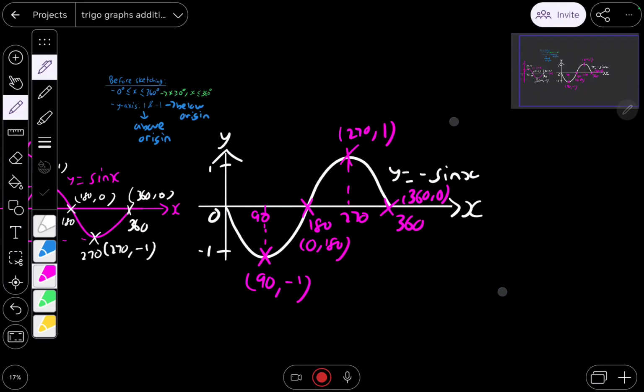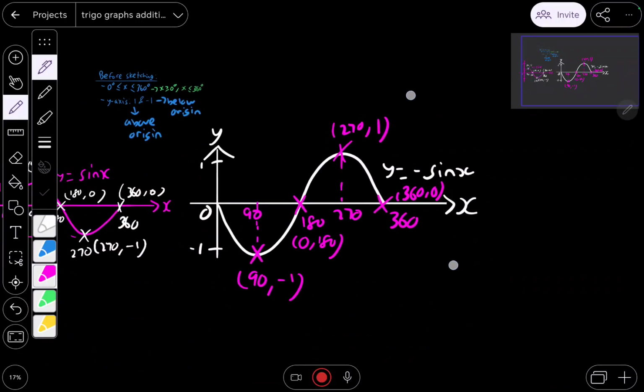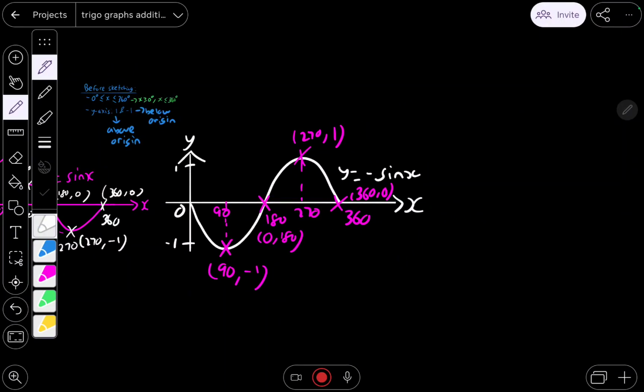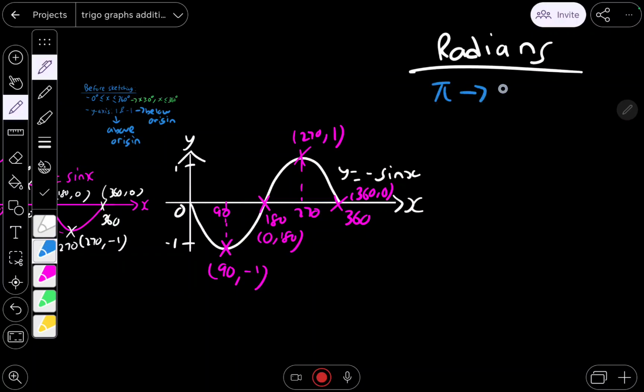Before I forget, they might ask you to leave it in radians, so I'm going to go through a bit of the radian. If they ask you to leave it in radians, we do know that pi is 180 degrees and 2 pi is 360 degrees.